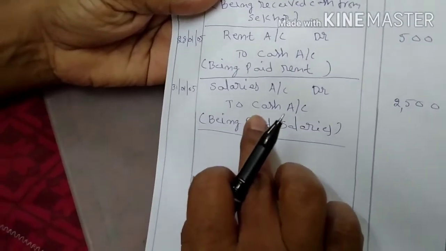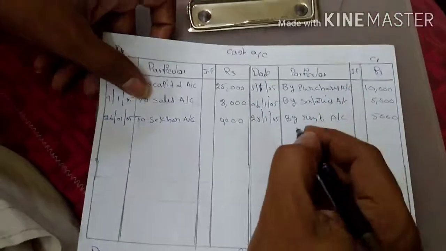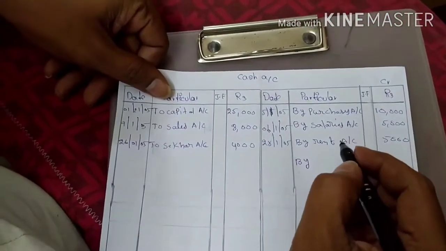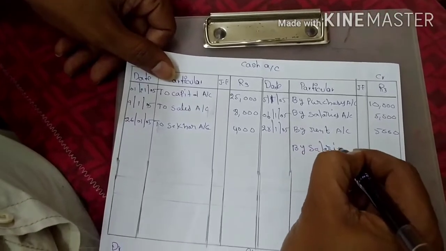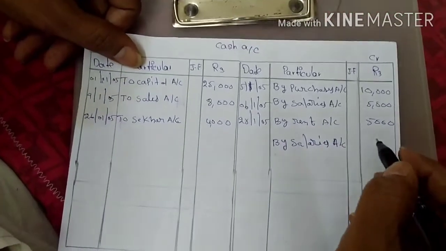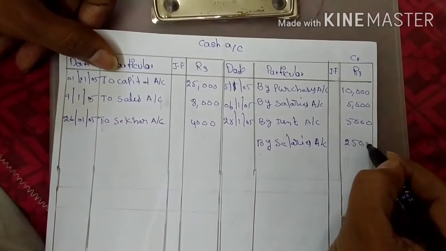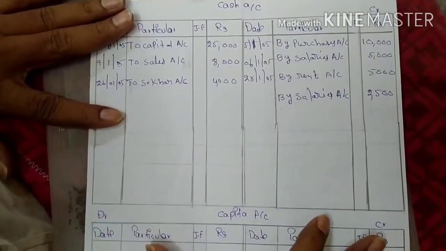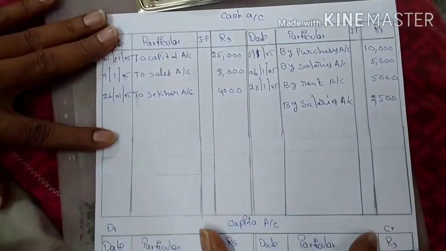Last, on the 31st, cash is there: by salaries account, 2,500 rupees. Now we have posted all the transactions related to cash.